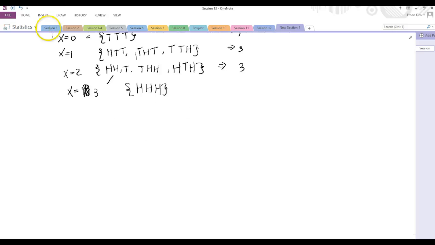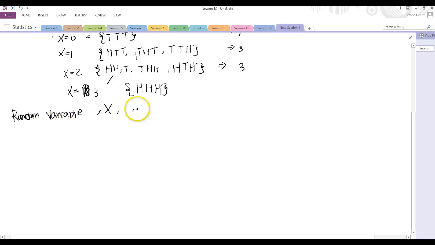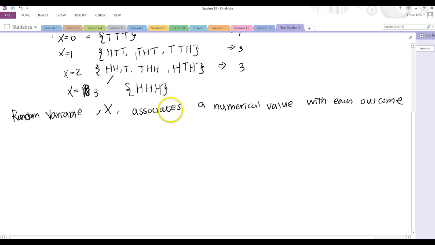A random variable, say x, associates a numerical value with each outcome of an experiment.